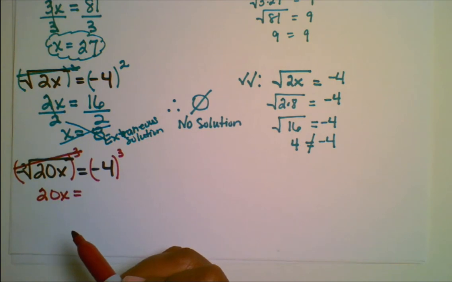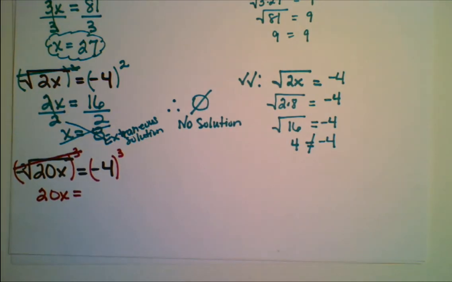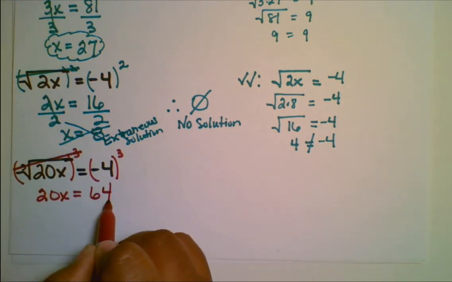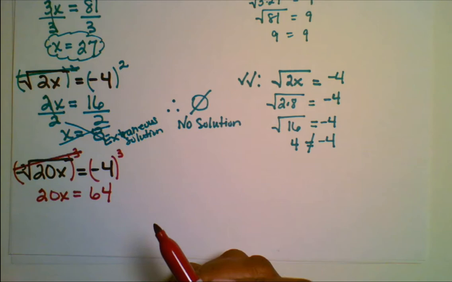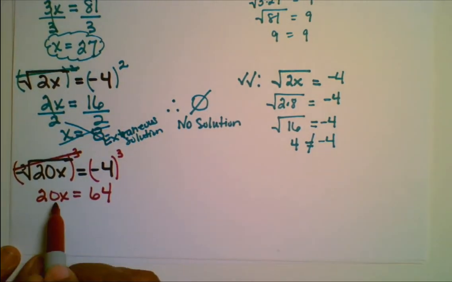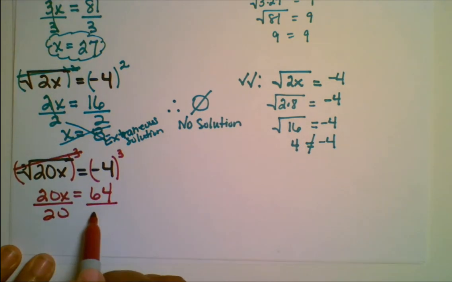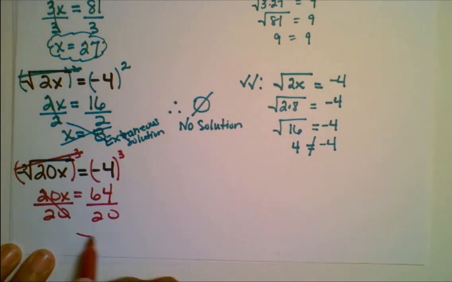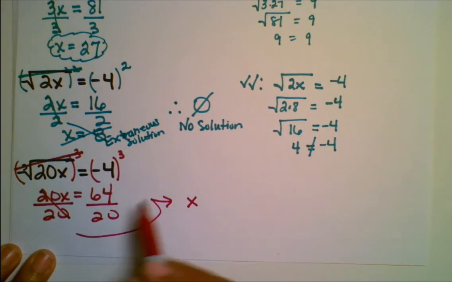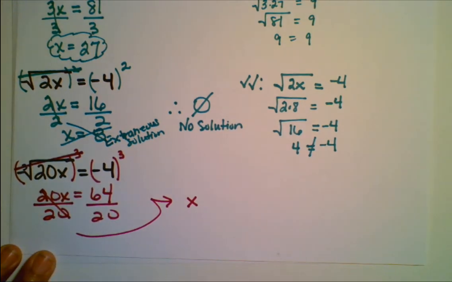We have 20x is equal to the quantity of -4 cubed, which gives us 64. Now, we have 20x is equal to 64. We're going to divide by 20. And we have x is equal to, 20 cannot divide into 64 evenly.